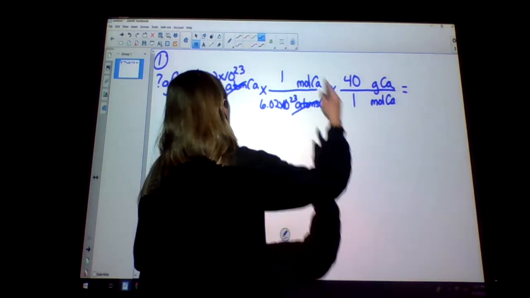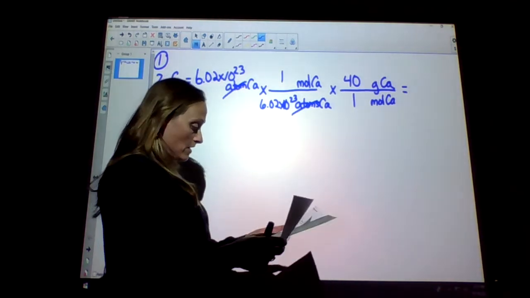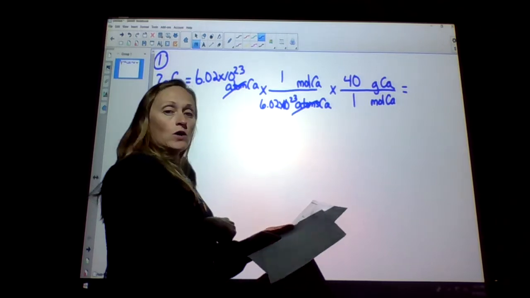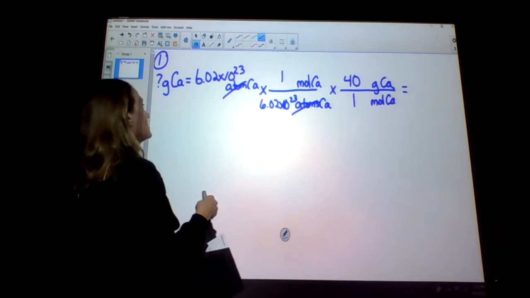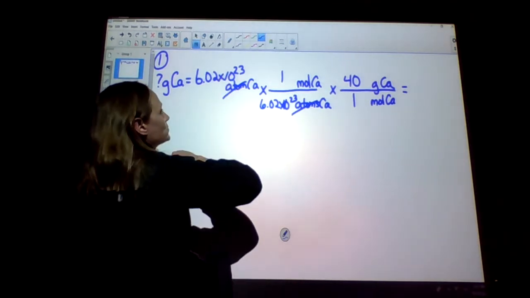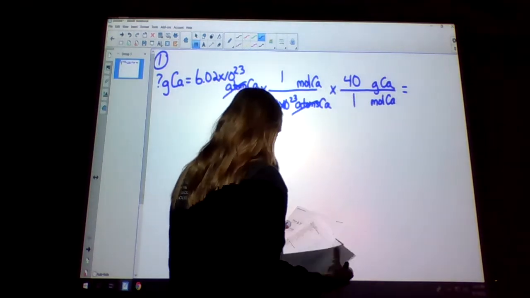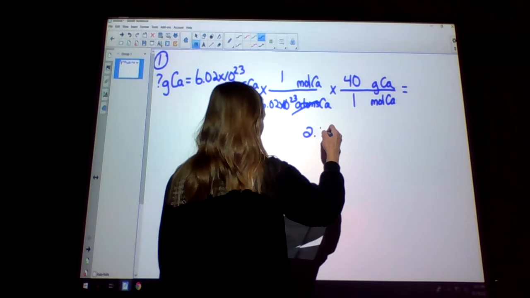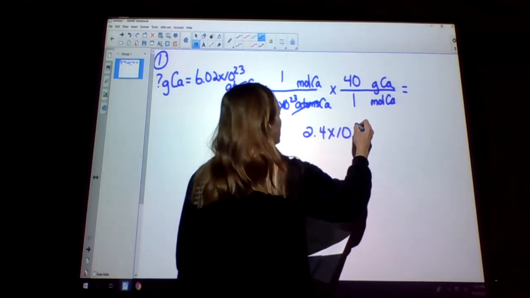Okay, so we'll take 6.02 times 10 to the 23rd, because if you look at number two and number three, we're not working with the same number here. So that's why I'm doing this. We're going to do 6.02 times 10 to the 23rd times 1 times 40. So we end up with 2.4 times 10 to the 25th.